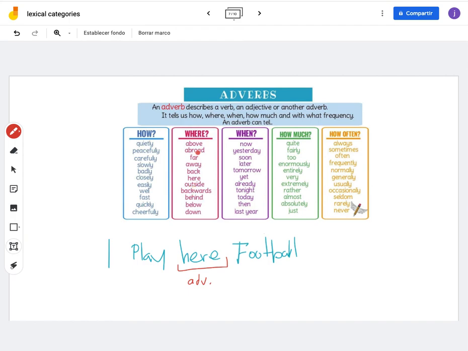Okay, so another example: I'm going to erase this part, and I'm going to write another sentence like this.